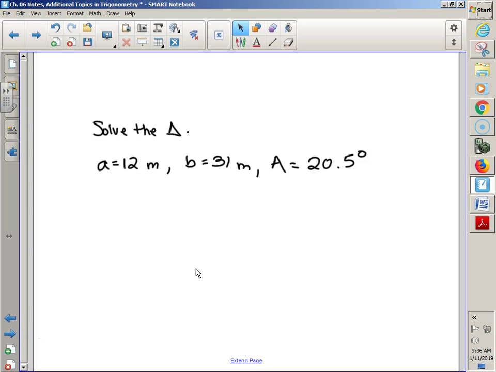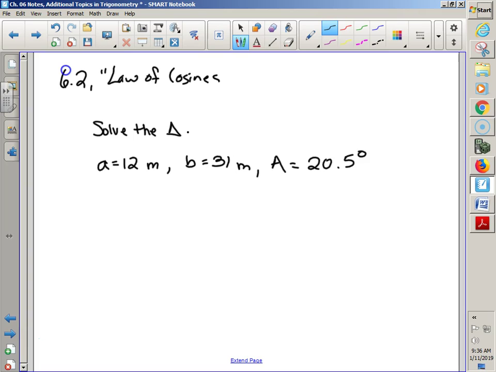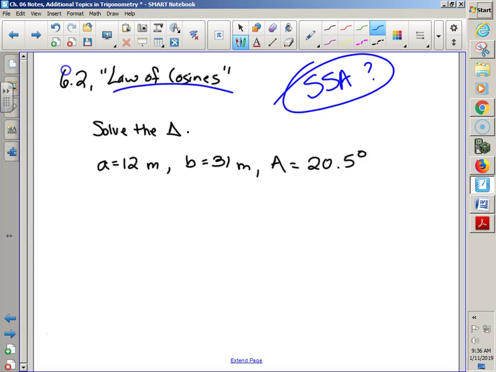So yesterday we did law of sines and we had to do sine inverse and 180 minus sine inverse. Today we're going to try the same exact opener in the back of our homework spirals with law of cosines instead. So we're asking ourselves the question, can you do SSA with law of cosines? Let's try it.